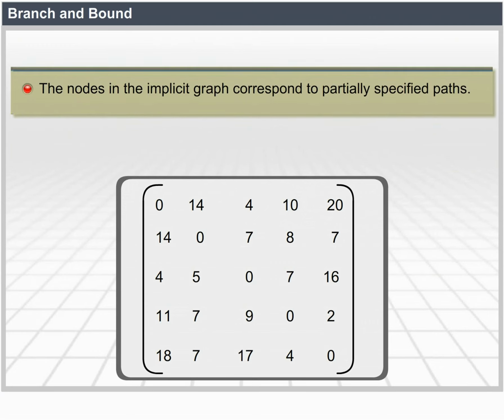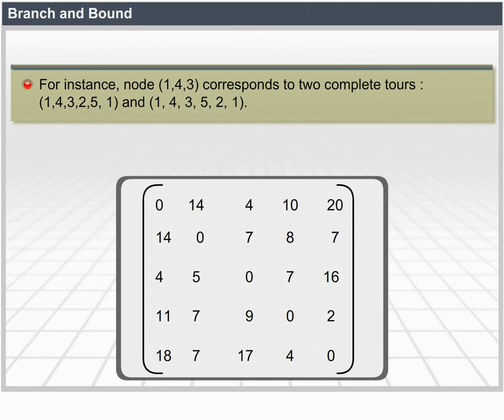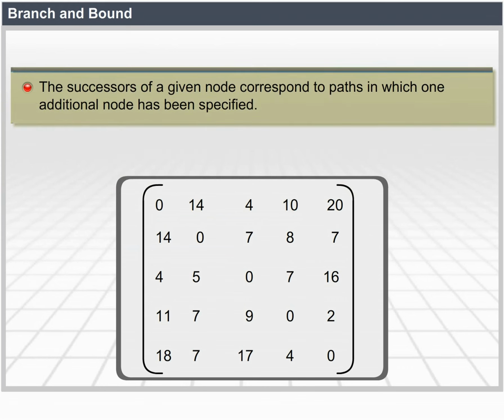A node in the implicit graph corresponds to a partially specified path. For instance, node 1, 4, 3 corresponds to 2 complete tours: 1, 4, 3, 2, 5, 1 and 1, 4, 3, 5, 2, 1. The successors of a given node correspond to paths in which one additional node has been specified.